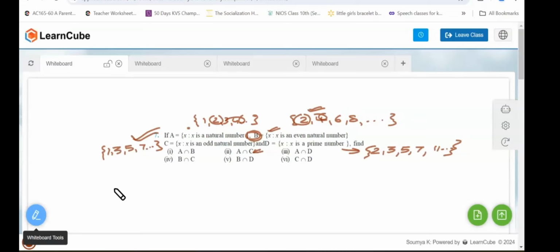Same way, try doing all the questions. In the fourth question, if you see B intersection C, B set is this one and C set is this one. Even natural number, odd natural number. They won't have anything common. So you will get disjoint or empty set as the result. So try the other question as well and do comment if you have got doubts.